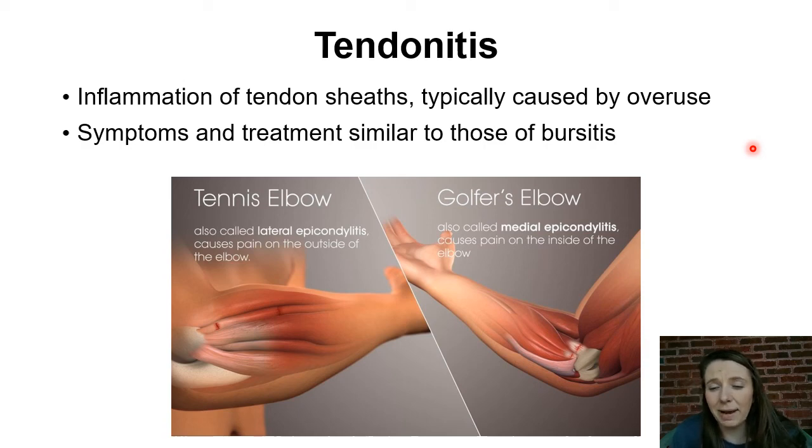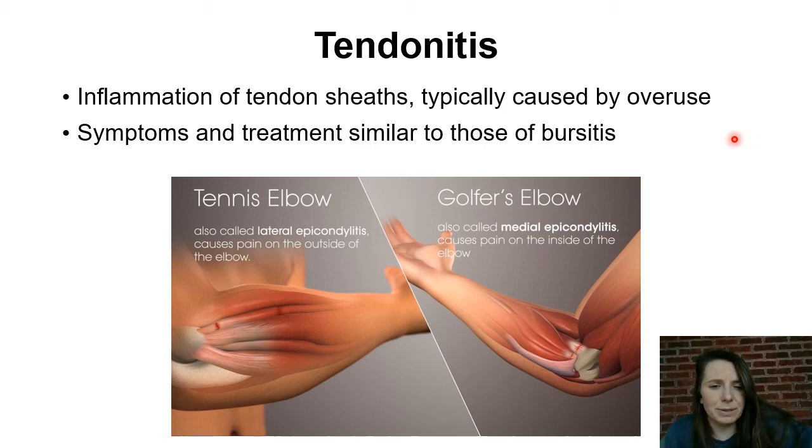It's where they're wrapped by that bursa-like structure. It was on the same slide as when I introduced bursa to you. If those tendon sheaths become inflamed, then you get tendinitis, and this is usually an overuse injury. In terms of symptoms and also treatment, it's almost identical to bursitis.